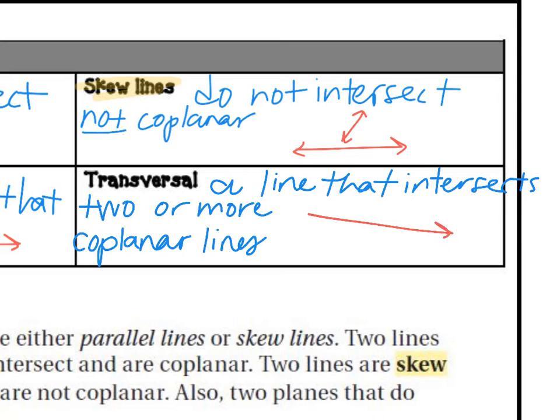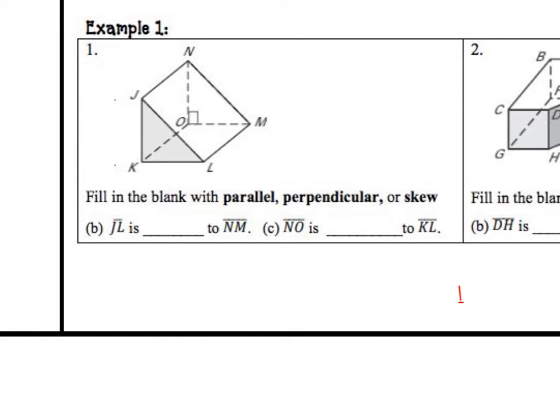Here are two coplanar lines, and then the transversal would be what I'm drawing in black. Oftentimes you see it labeled T, so it's cutting across. Transversal.